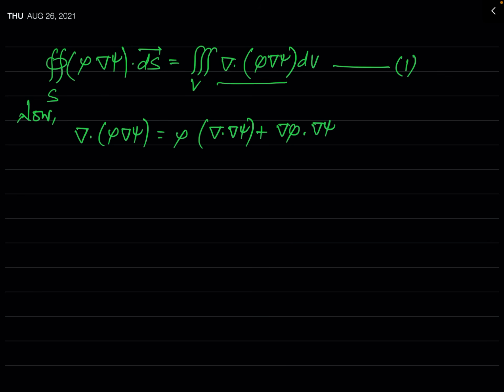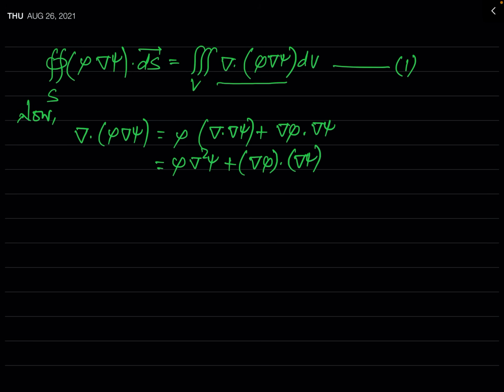You know it. And you can see this is simply phi, and del dot del is del square, that is Laplacian. So this is phi del square psi plus del phi dot del psi.